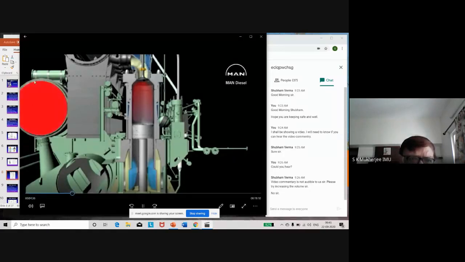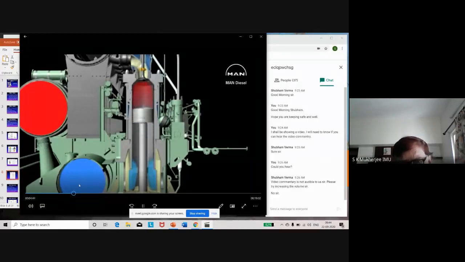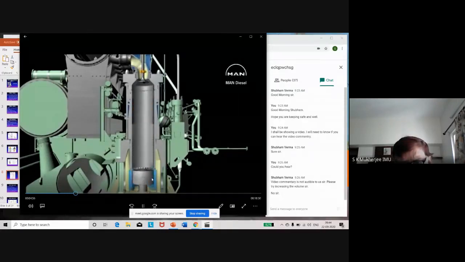This is the turbocharger which is going to supply the air. This is the scavenge air. Scavenge air goes inside. This is the scavenge manifold. And this is the firing in the cylinder, and the gas pressures are acting on top, and the piston starts going down. Then the air comes in and pushes out the exhaust gases.